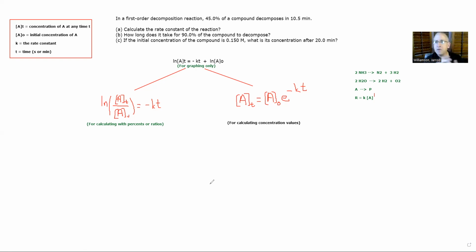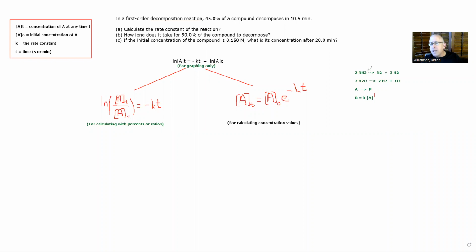First thing we have to do is interpret the question to give us something to hang on to, right? It says a first order decomposition reaction, right? Well, what is a decomposition reaction? I've given some examples over here of decomposition reactions.